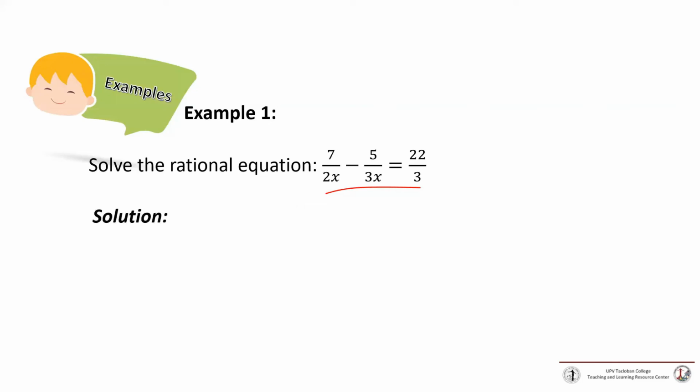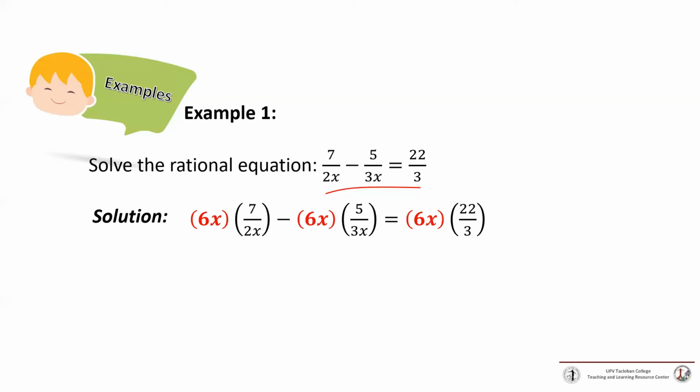Continue. So we have 6x times 7 over 2x minus 6x times 5 over 3x is equal to 6x times 22 over 3, and then simplify that. One way to simplify is to cancel out the common factors in the denominator as well as in the numerator 6x.